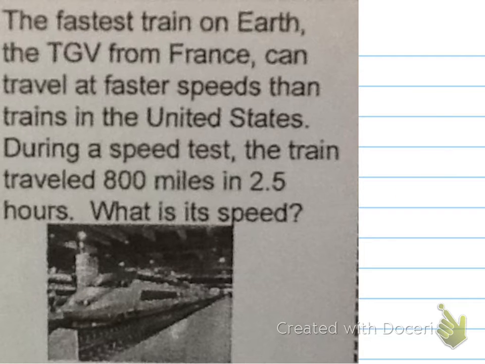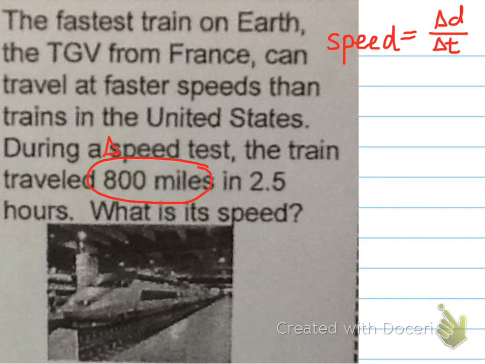The fastest train on Earth, the TGV from France, can travel at faster speeds than trains in the United States. During a speed test, the train traveled 800 miles in 2.5 hours. What is its speed? Again, our speed is our change in distance divided by our change in time. 800 miles, that's our change in distance. 2.5 hours, that's our change in time.